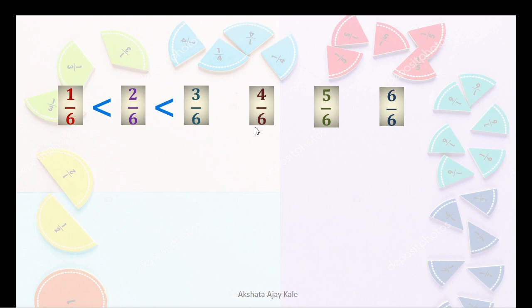Now again here also we can see the same relation. 4 upon 6 is larger than 3 upon 6 because here 4 parts are colored. Also 5 upon 6 is larger than 4 upon 6, and you know 6 upon 6 means the whole figure, correct? That is total, only full one, that is bigger than 5 upon 6, isn't it?